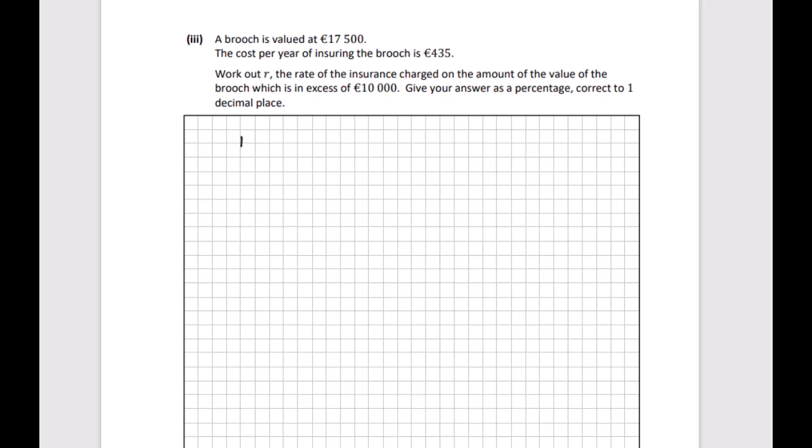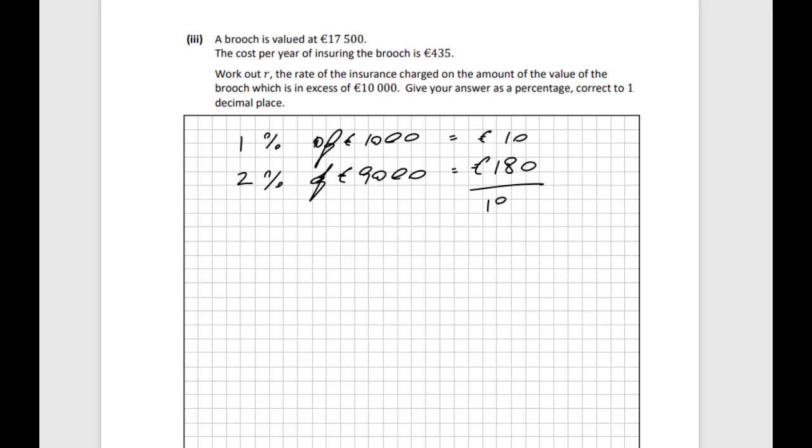So again, remember we had 1% of 1,000, which is €10. We have 2% of 9,000. 2% of 9,000 was €180. So that's a total of €190. And we can see the insurance here was a lot more than that.